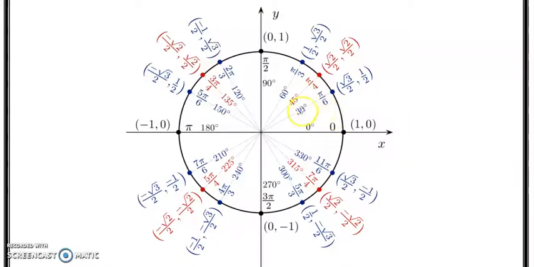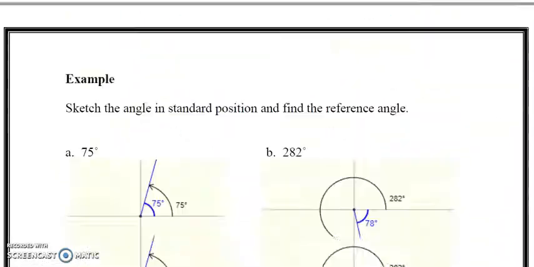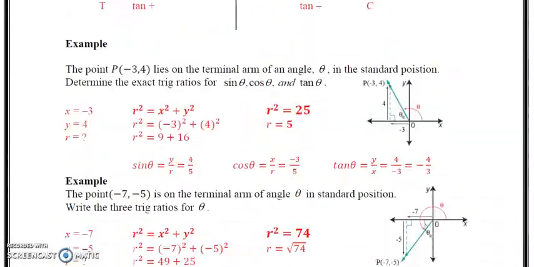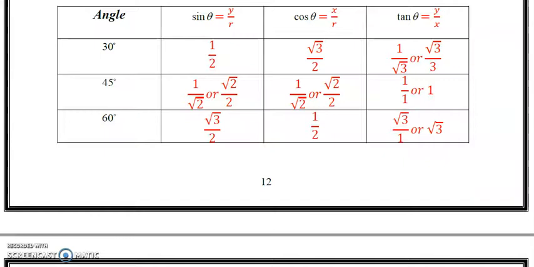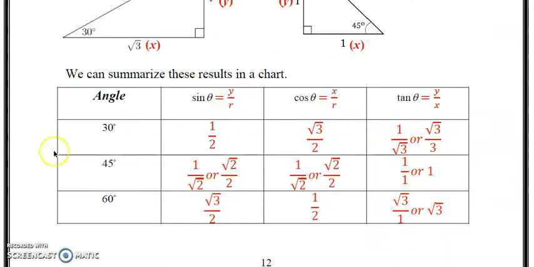So remember we said the sine of 30 was equal to y over r. Well, it's equal to y, which is 1/2, and cos of 30 is equal to root 3 over 2, as you can see from the chart on that page. So they're all connected that way. It's pretty neat. I want you to play with these for a little while, and it'll start to make a little more sense. But right now, you can use this chart as a summary on page 12 when you're trying to find those values, right? Sine 30, boom. Okay?